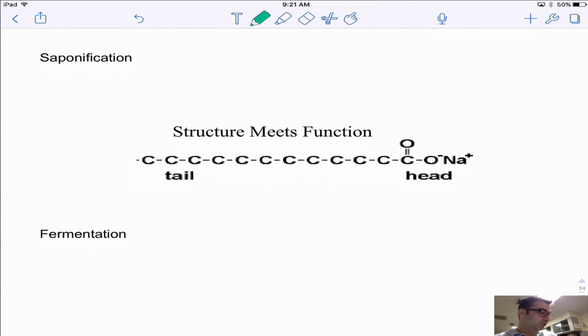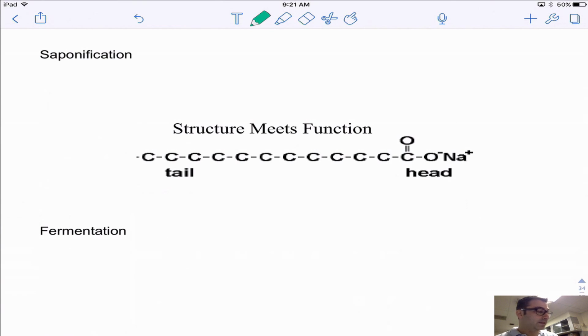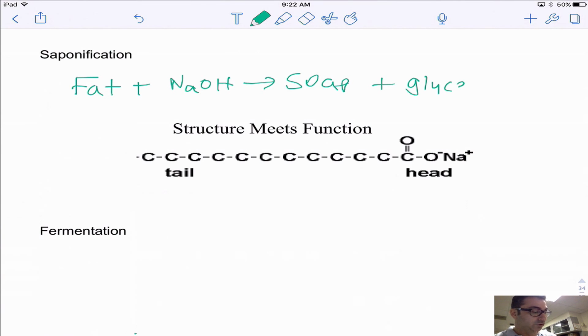Another type of reaction is saponification, and this is where we take some kind of fat that is normally from vegetable oil, although you could use animal fat as well, and you add NaOH to it. You produce the soap molecules, and you produce glycerol, which is that trihydroxy alcohol that we had before.